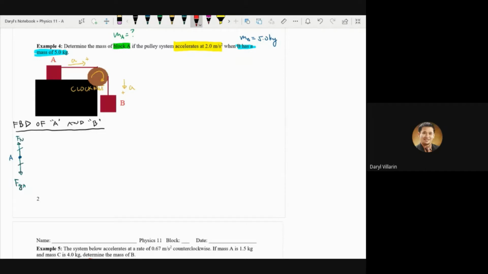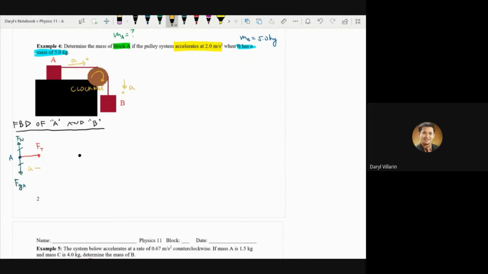So the one that will make object A move to the right is the tension force, represented by Ft.